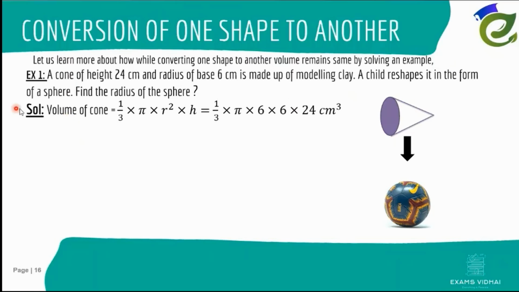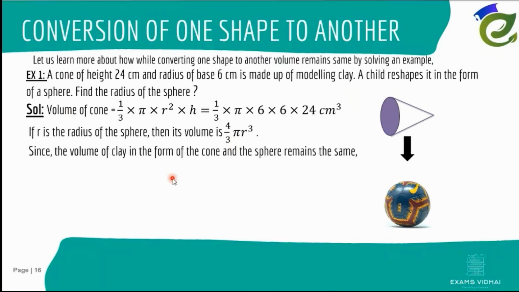We know that the formula for volume of a cone is 1 by 3 pi r square h, where r is the radius of base and h is the height of the cone. And we also know that if r is the radius of the sphere, then the volume becomes 4 by 3 pi r cube.